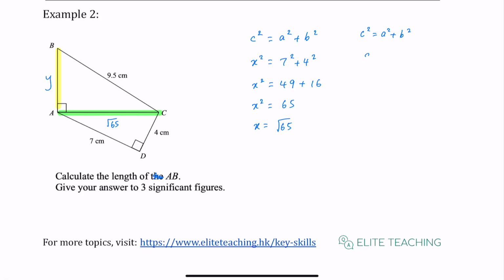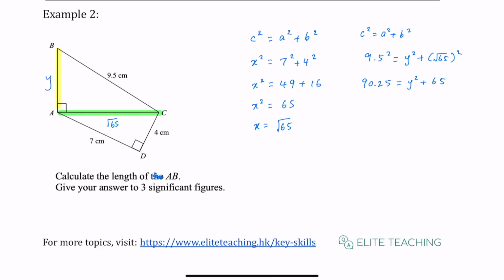So we have 9.5 squared is equal to y squared plus root 65 squared. Now if we use our calculator, 9.5 squared is equal to 90.25, which is equal to y squared plus 65, because the square root of 65 squared, the square root and the square cancel out, so it's just 65.